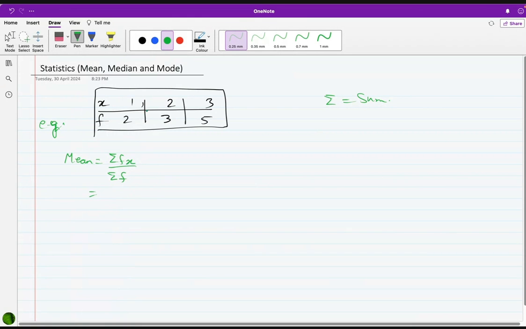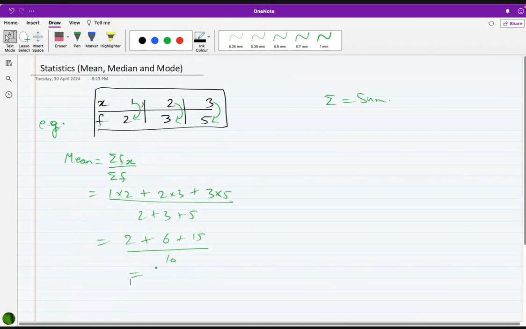So what do we do? 1 into 2 plus 2 into 3 plus 3 into 5 divided by sum of frequency 2 plus 3 plus 5. So 2, 6, 15 by 10. 2 plus 6 plus 15 is 23. By 10, mean is 2.3.